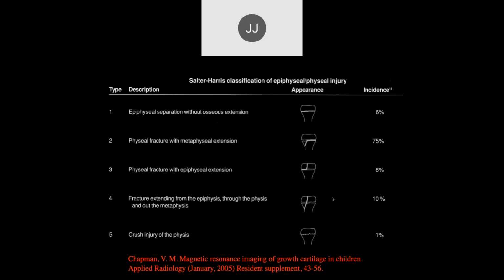So the new Campbell's has 6. Okay. So classifications, and they still call it Salter-Harris, although it was another doctor that put that 6th one in there. And how does that sixth one differ from a 5?